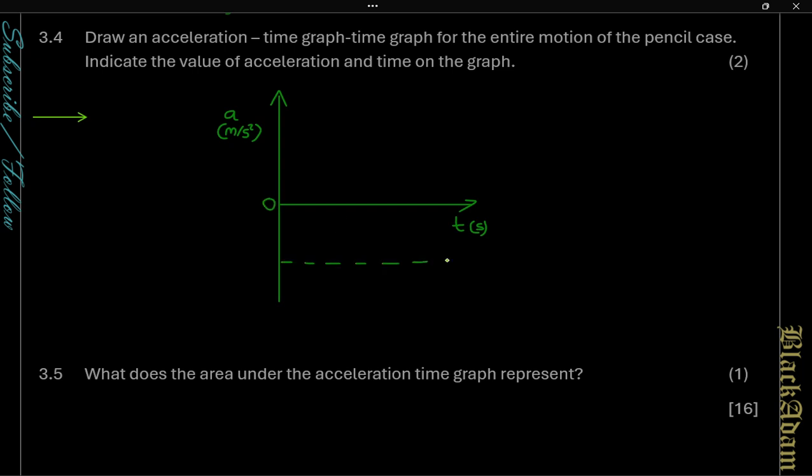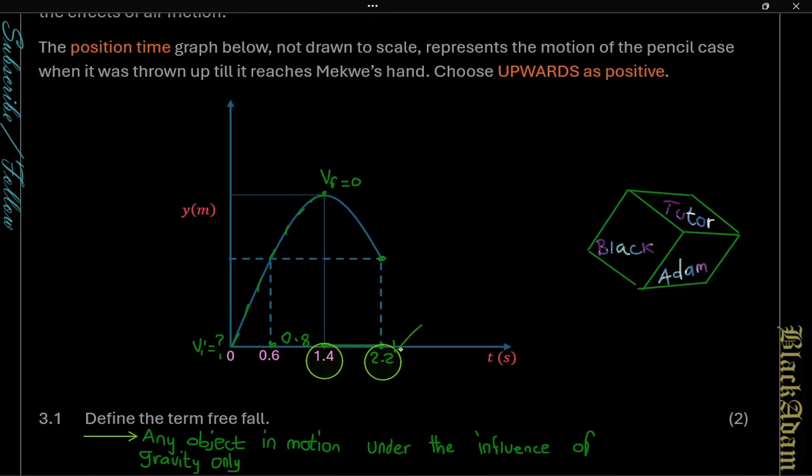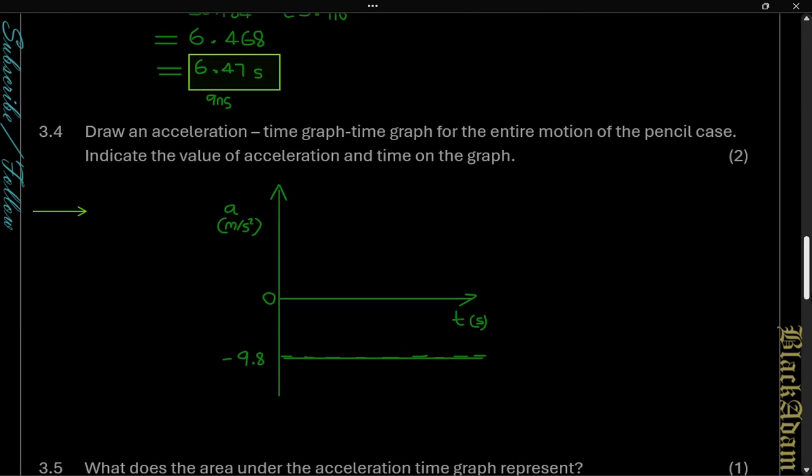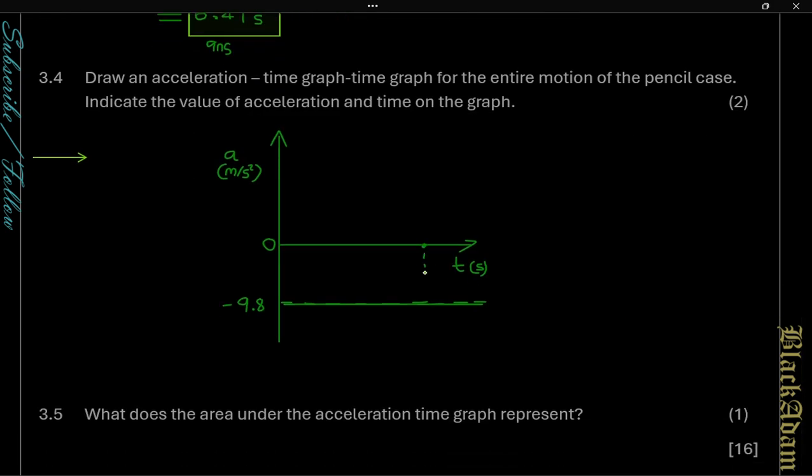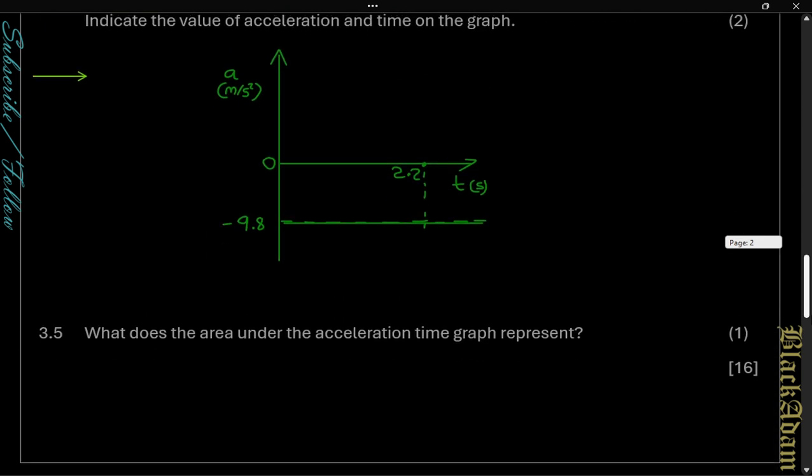Then we have this part which is negative, that's negative 9.8, that's our acceleration. And then the entire time of motion, our time there is 2.2. So we're going to put 2.2 somewhere there. So that's 2.2 seconds related to that acceleration throughout.